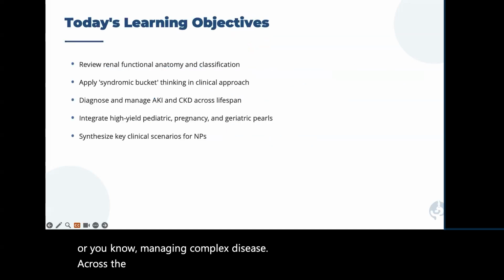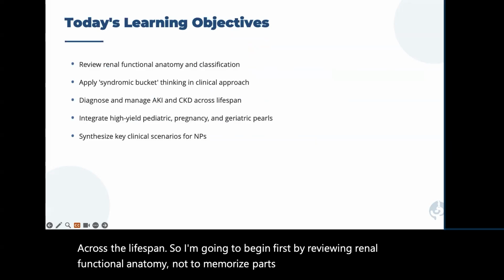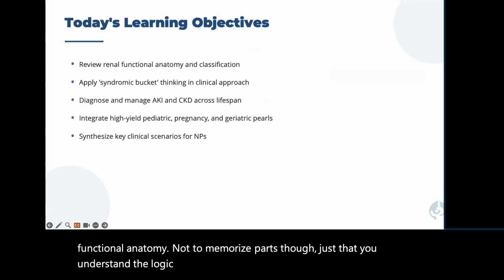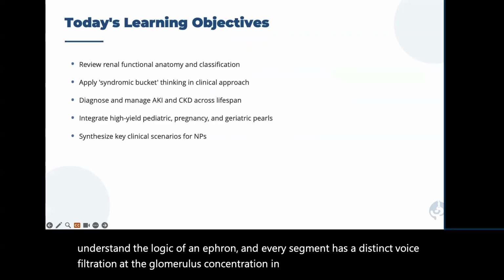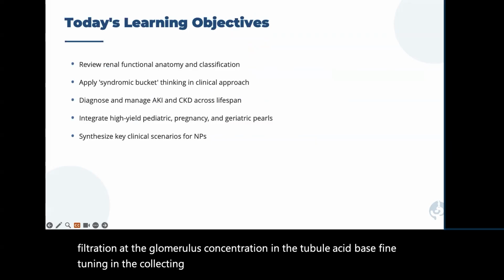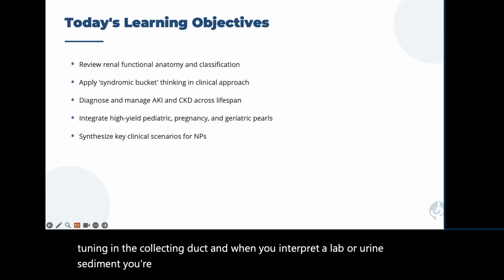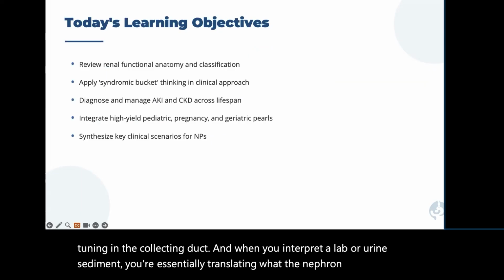So I'm going to begin first by reviewing renal functional anatomy, not to memorize parts though, just so that you understand the logic of a nephron. And every segment has a distinct voice: filtration at the glomerulus, concentration in the tubule, acid base fine tuning in the collecting duct. And when you interpret a lab or urine sediment, you're essentially translating what the nephron is trying to tell you.